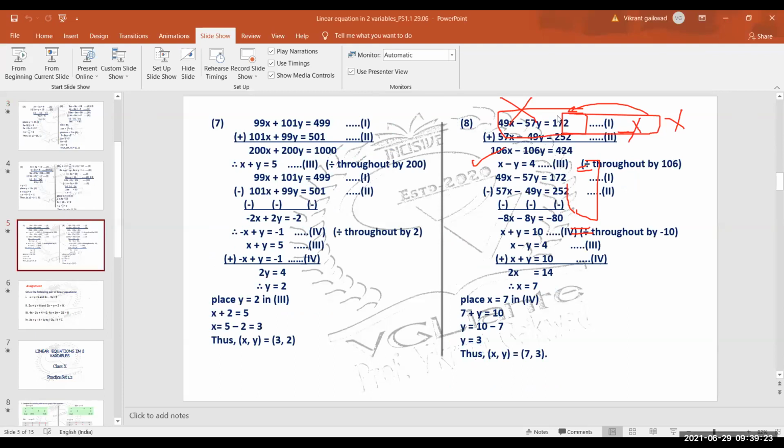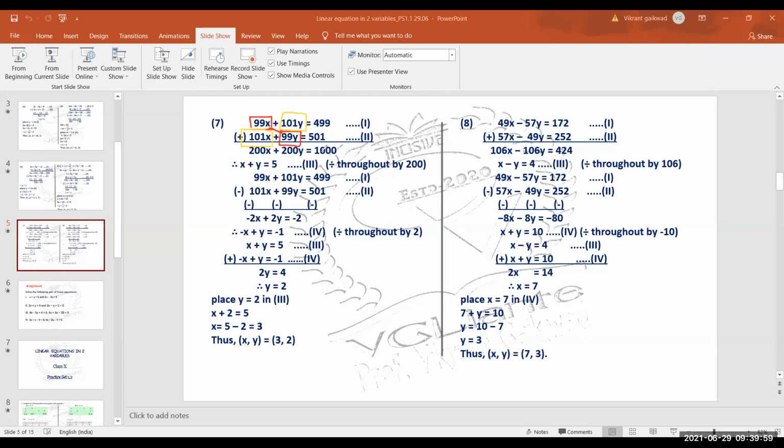In the question, basically, what happened is that this 99x, the coefficient of x, is the coefficient of y in the second equation. And this 101y, which is the coefficient of y in the first equation, is the coefficient of x in the second equation.